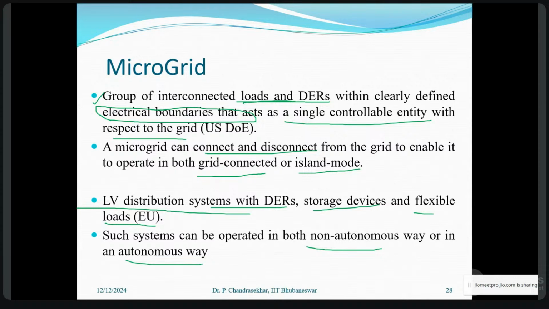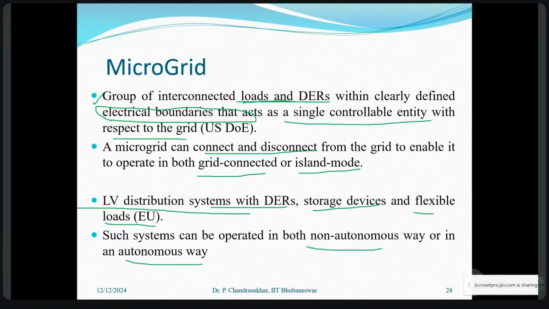In a non-autonomous institution, we just have to follow the instructions, guidelines, and rules and regulations defined by the university. In the same manner, when the microgrid is operating in grid connection, in non-autonomous mode, it has to follow the instructions of the grid. It has to maintain the voltage and the frequency of the grid.